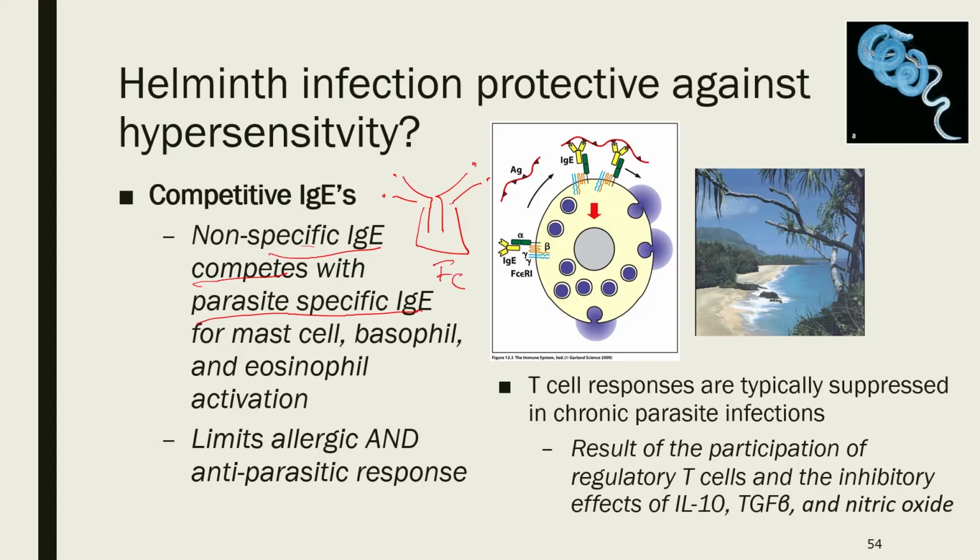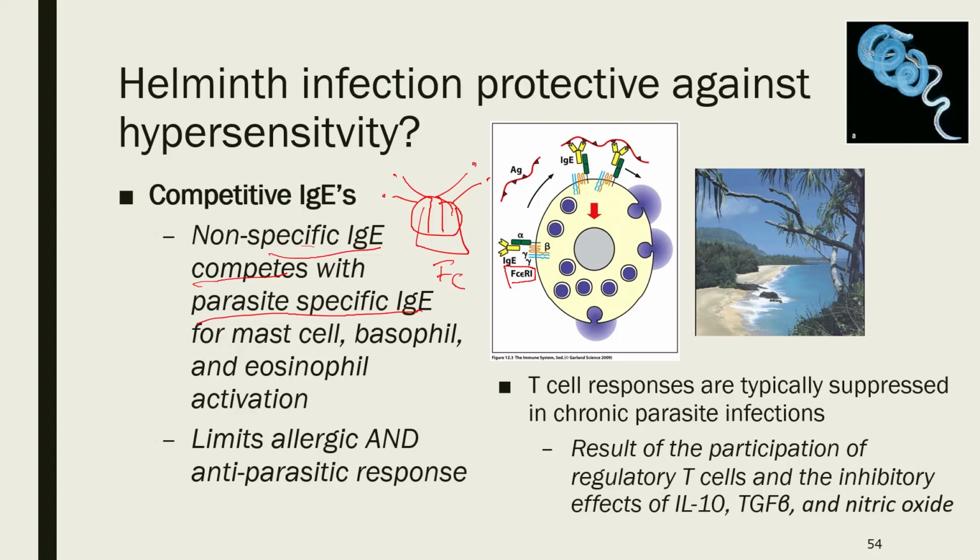They are not varying. So non-specific IgE and parasite-specific IgE essentially have identical Fc regions, and these identical Fc regions will compete for binding of the Fc epsilon receptors on mast cells.